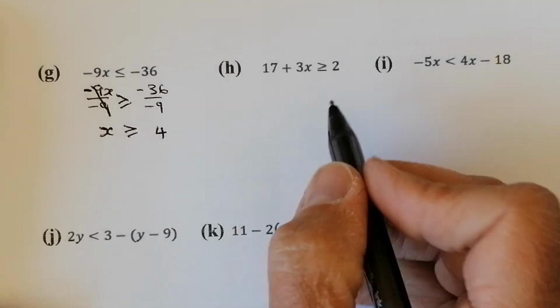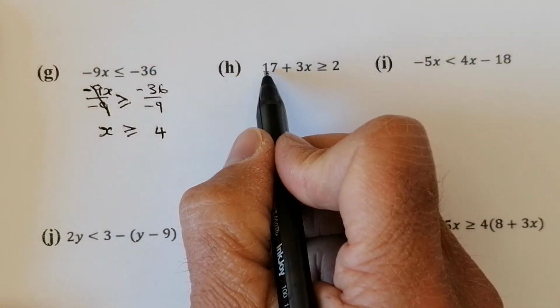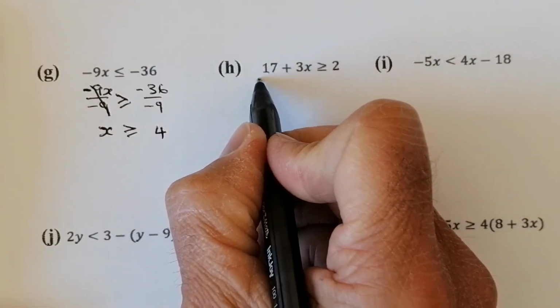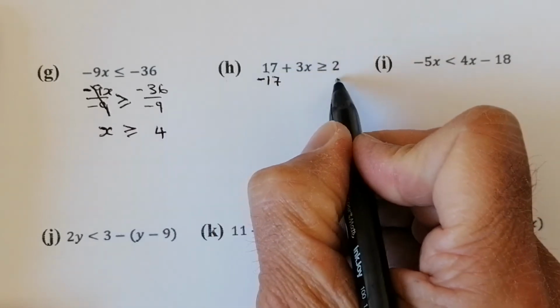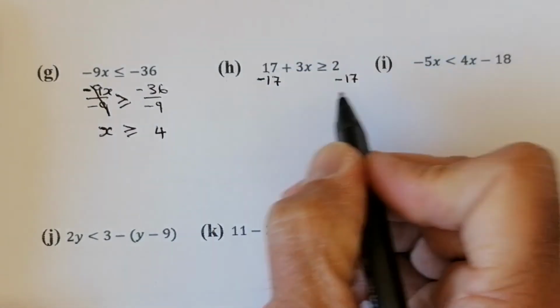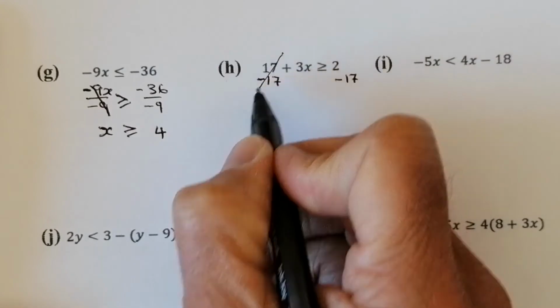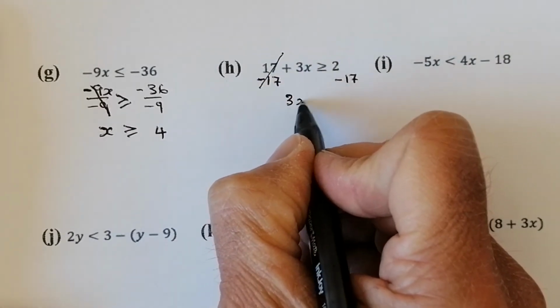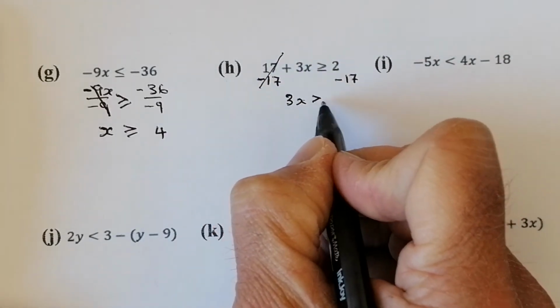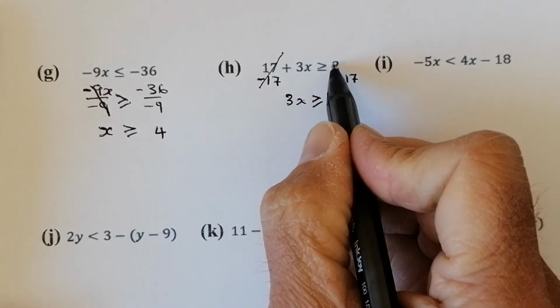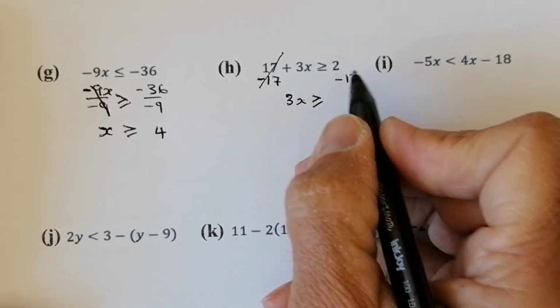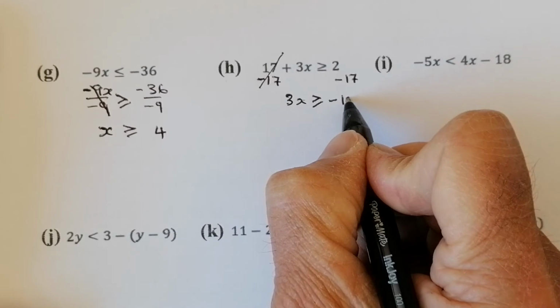Right, two-step equation here. So what I'd like to do is to get rid of this number here. So I'll take 17 away from the left, take 17 away from the right. Okay, so that's going to eliminate this part here. So that leaves me with 3x is greater than or equal to, and 2, take away 17, that takes me down to minus 15.